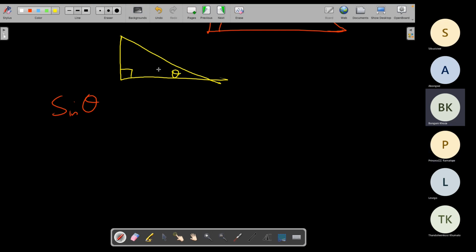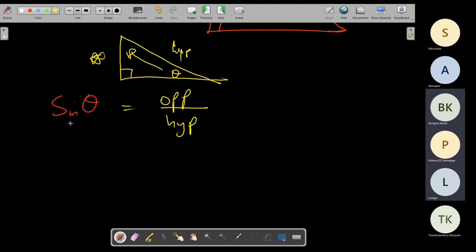For sine theta, the ratio is opposite over the hypotenuse, like that. Do we get this one? This is your opposite over here, over your hypotenuse. That's sine theta.